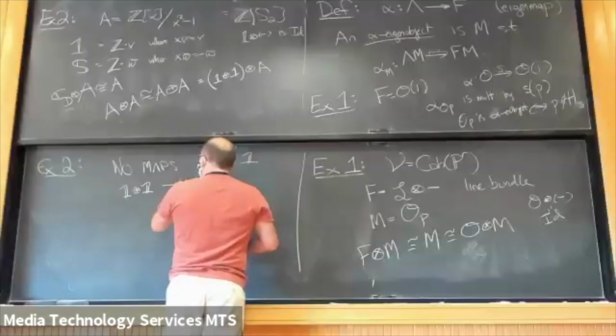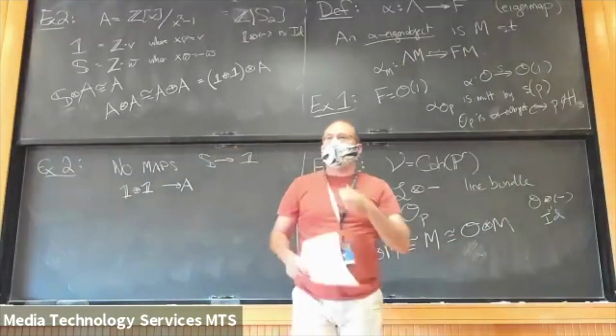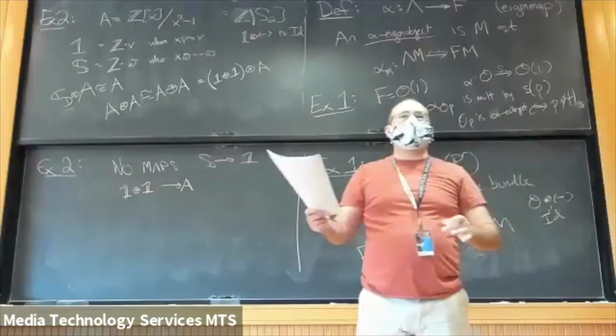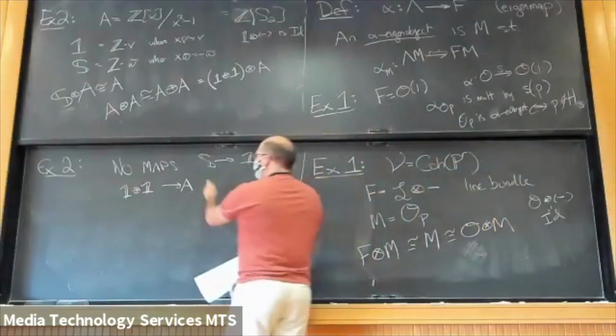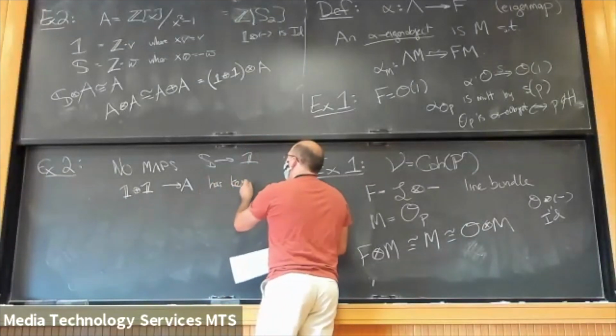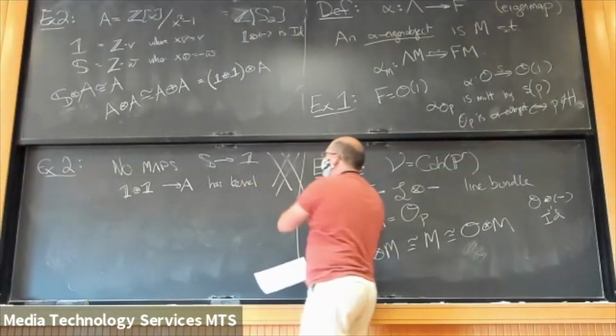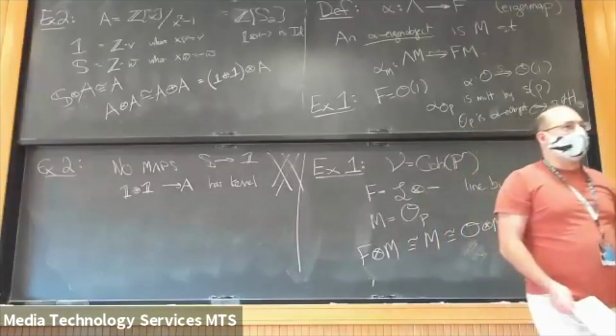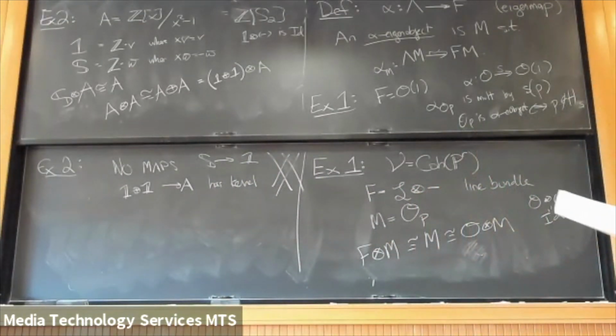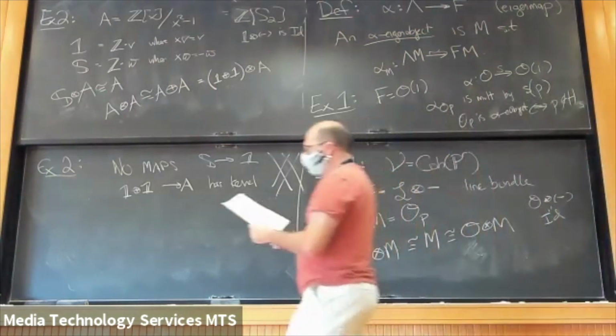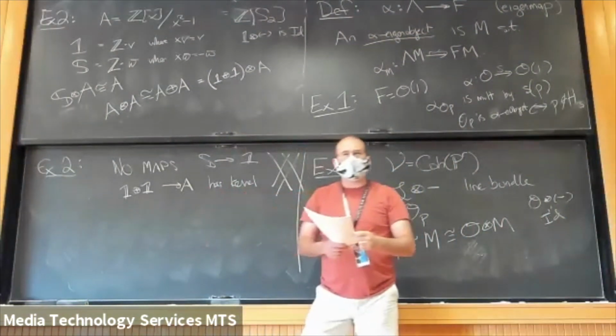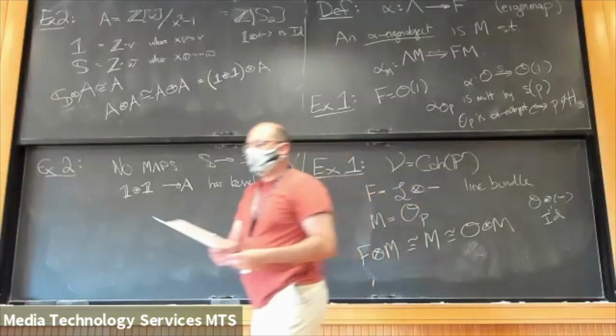So if you're looking at maps from the trivial rep to A, there's only a one-dimensional space of maps. So anything like this would have a kernel. So these examples don't work, and these weak eigenobjects are not strong eigenobjects. And this is not going to be an interesting example yet. Okay. Any questions on that?